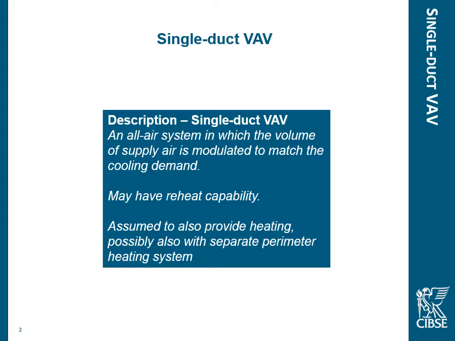Now, the first system we're going to look at for air distribution is single duct VAV. It's an all-air system in which the volume of air supply is modulated to match the cooling demand.